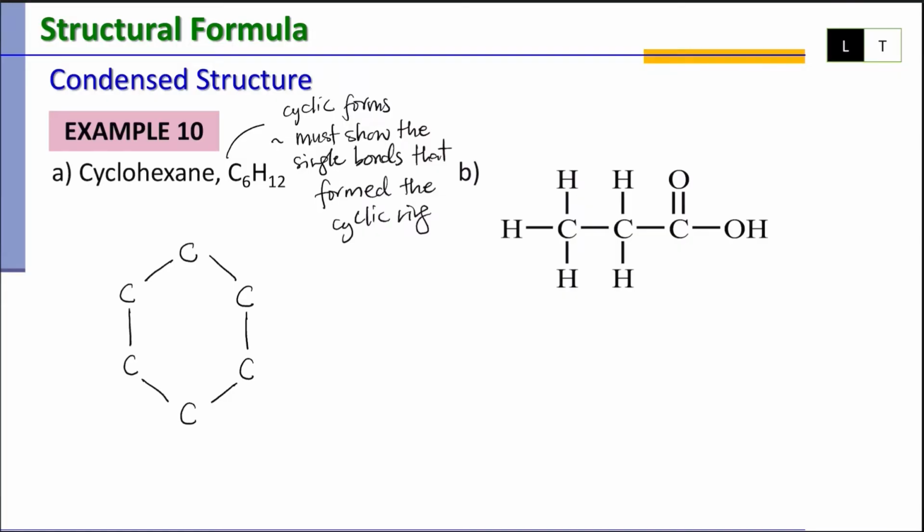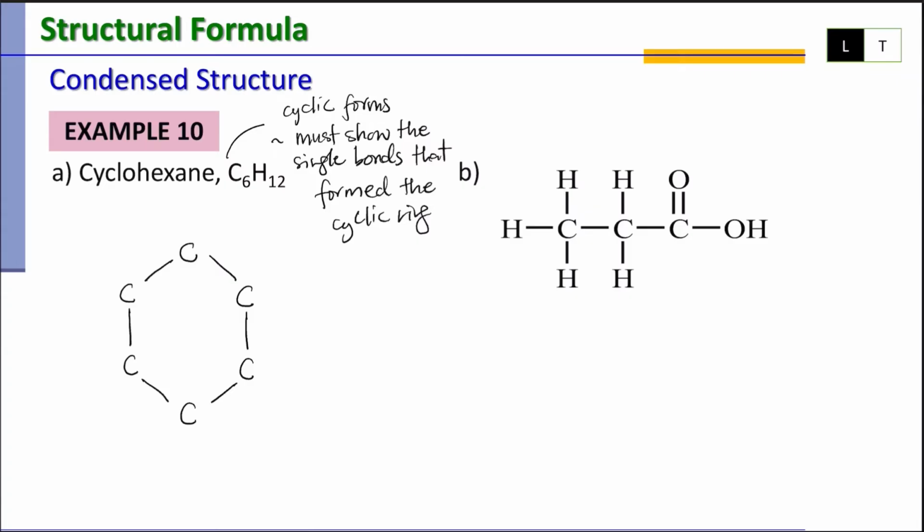Dan seterusnya, each carbon atoms here dia dah ada 2 bond. Maknanya ada extra lagi 2, dan extra lagi 2 ni dia attach kepada 2 hydrogen for each of them. Sebab tu hydrogen total adalah 12. Tapi bond antara carbon dan hydrogen dalam condensed structure kita tak boleh tunjuk. Okey, kalau tunjuk salah.